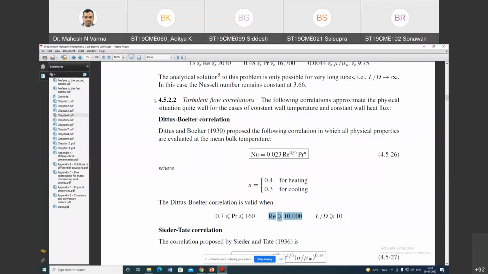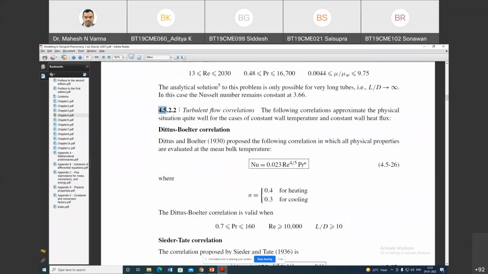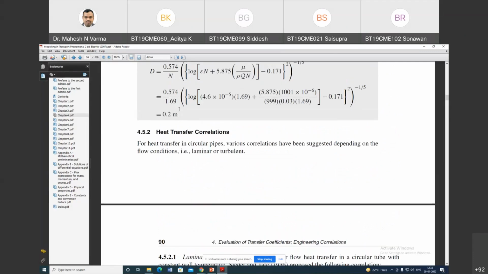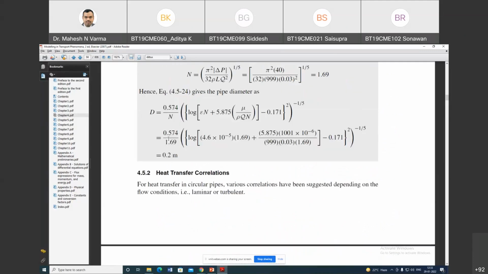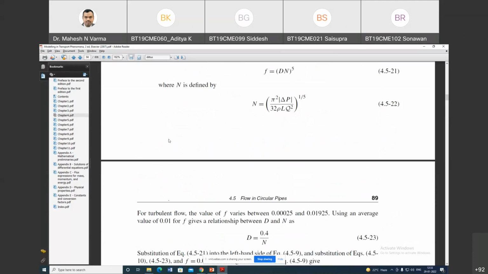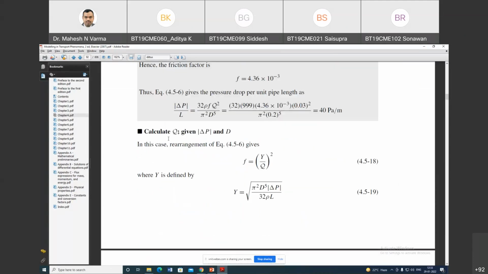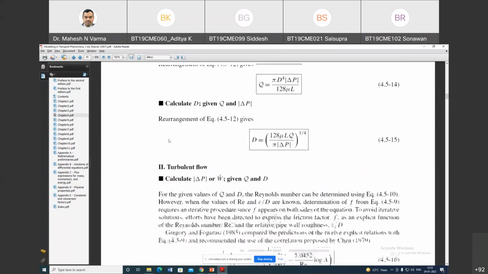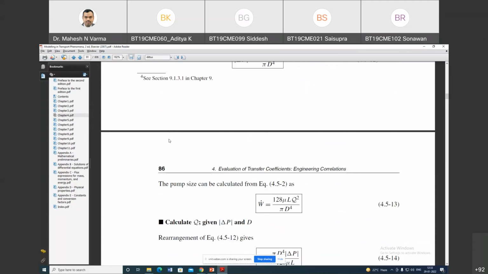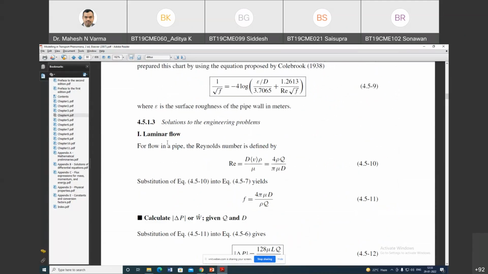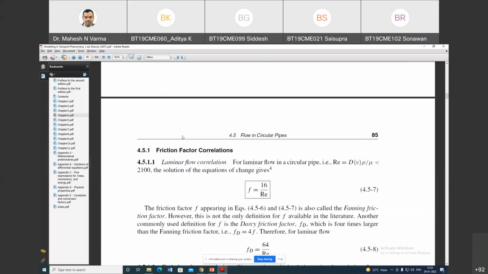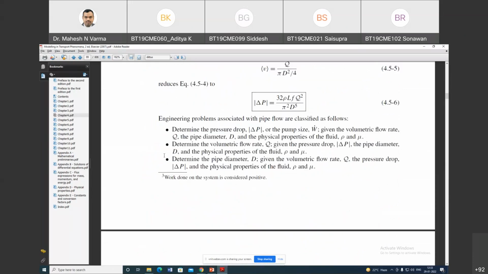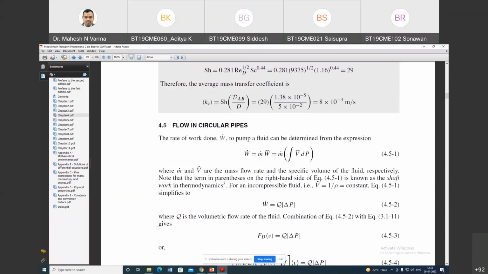Okay, you can see this is 4.5, and 4.5 is a heat transfer correlation. See, section 4.5 is true only for flow in circular pipe.